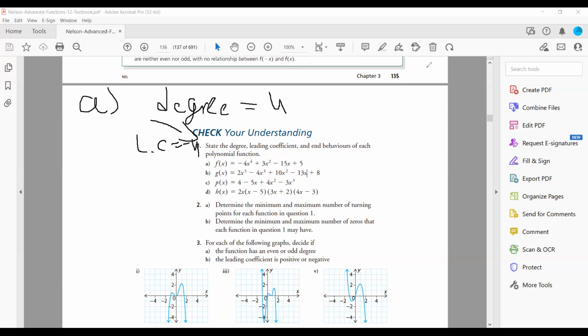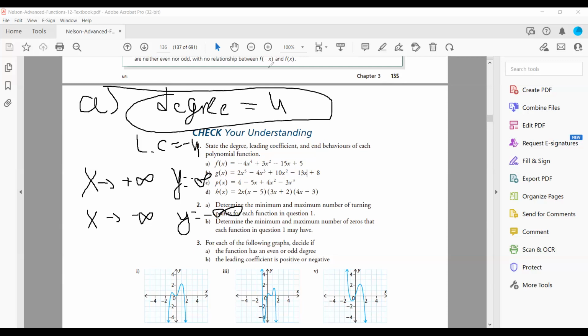I can see that my leading coefficient is minus, so the arcs of my polynomial function would look downwards. So it means that for x traveling to positive infinity and x traveling to negative infinity, y would be negative infinity. It is the same end behavior on positive and negative infinity for x because we have an even degree function.